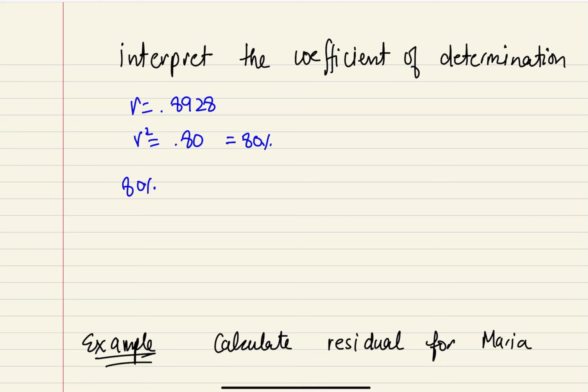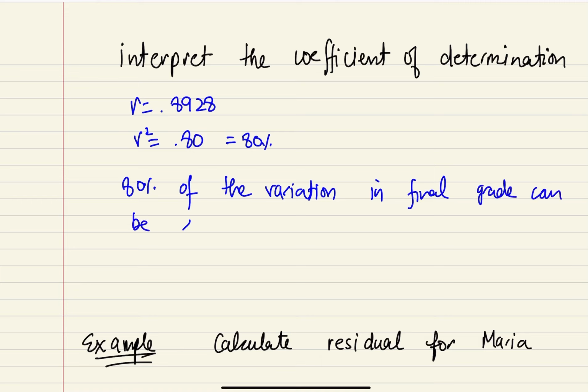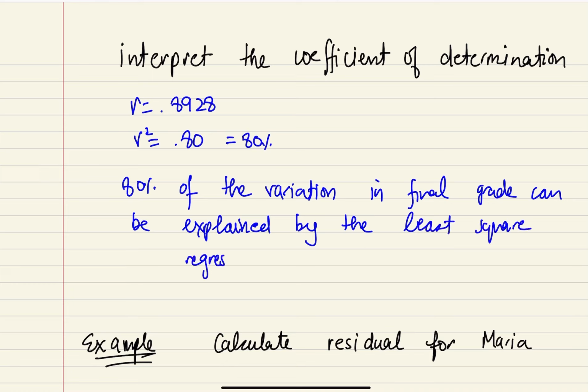So 80% of the variation in final grade can be explained by the least square regression line, or the line of best fit.